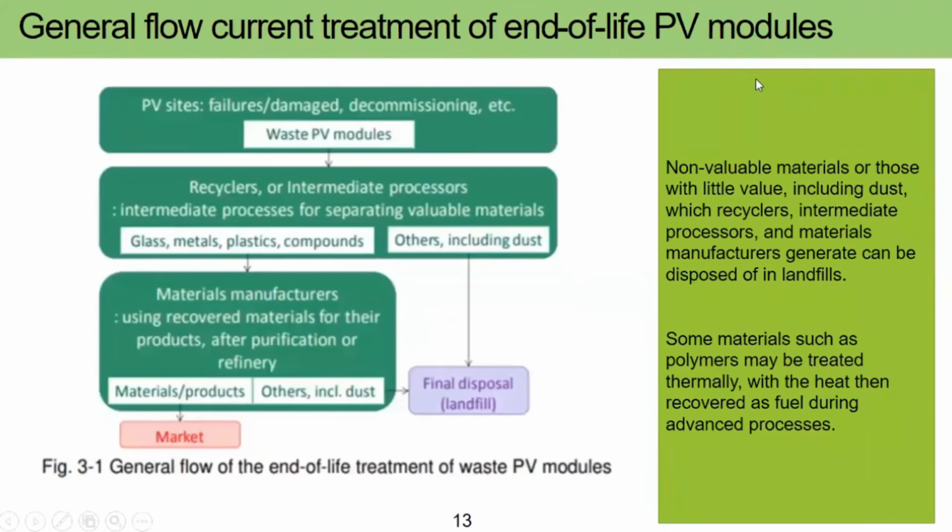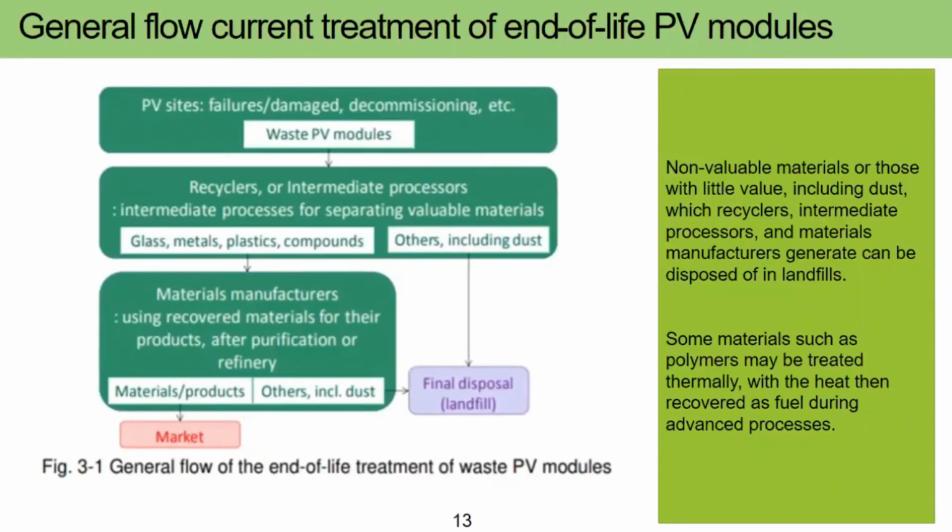And this is a flow of treatment of PV modules. After the PV module has been used for a long time, it may fail or be damaged. To solve these problems, we use recyclers or intermediate processors. The purpose is separating the valuable materials.